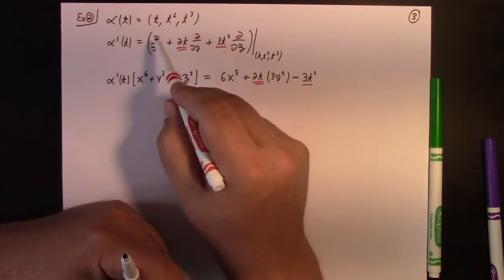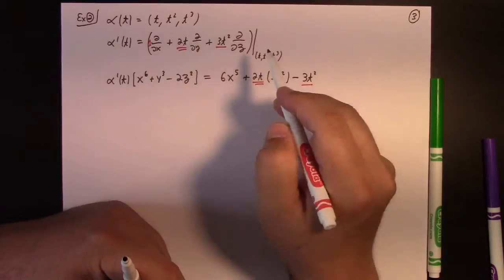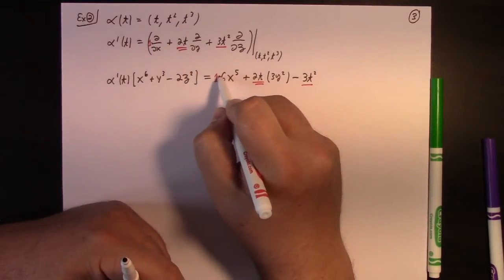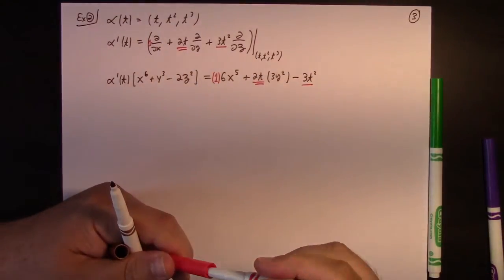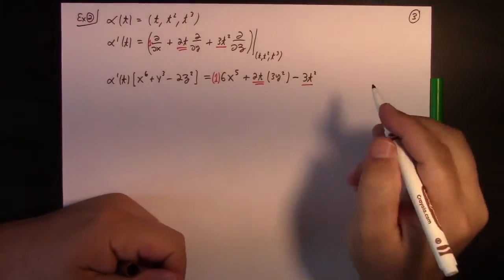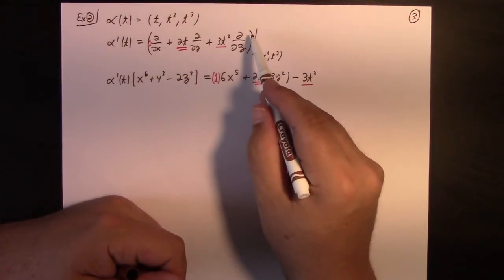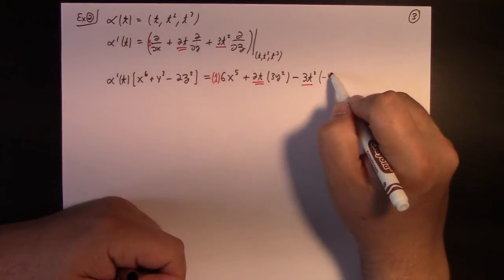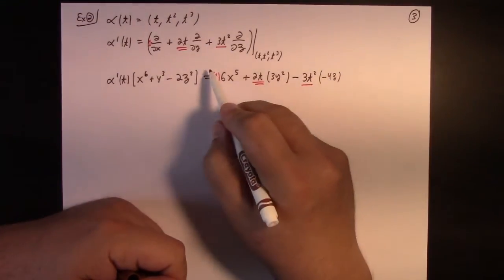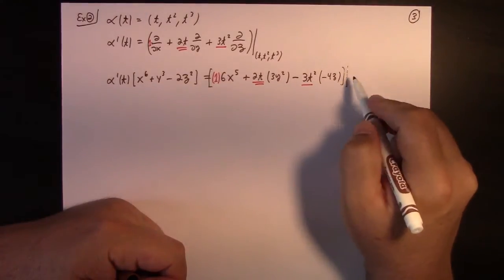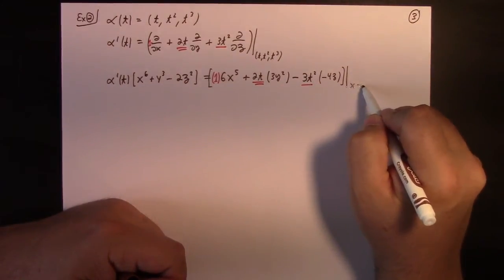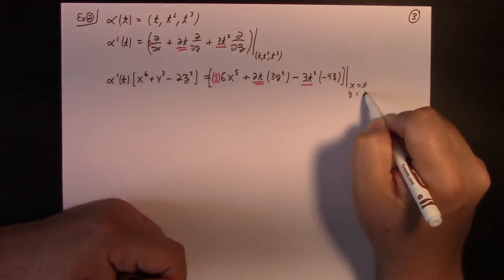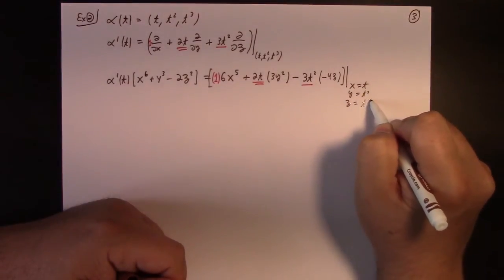And there is a 1 here, which I put here, although I didn't tell you until just now. And then 3t squared, partial derivative with respect to z of minus 2z squared is nothing more than minus 4z. Great. Now all of this stuff is supposed to be evaluated at x equals t, y equals t squared, z equals t cubed.